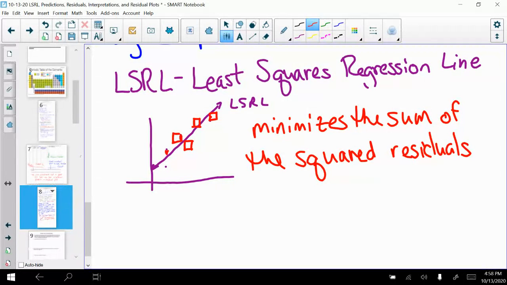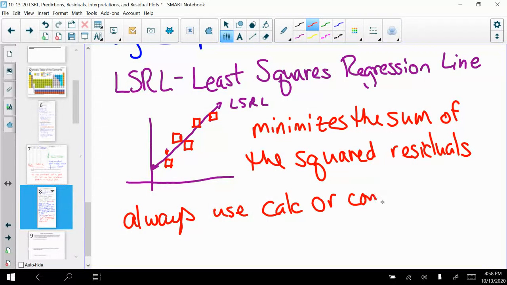It's a long, kind of gross calculation, so that's why we always use our calculator or a computer to find our least squares regression line from the data. Always use calculator or computer.